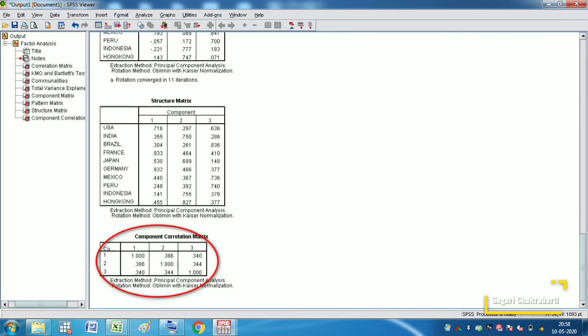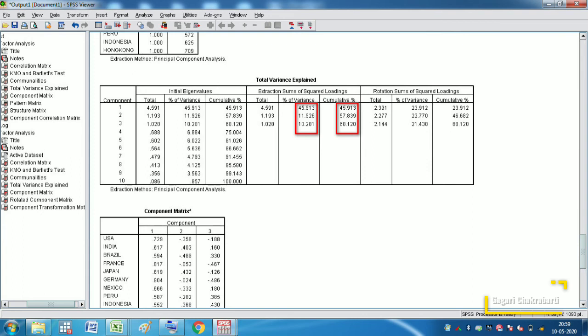We start with the direct Oblimin method, which assumes that the factors are correlated among themselves, but from the correlation matrix we find that they are not so correlated, so we go back to the Varimax method. On the basis of the eigenvalue, we get three factors. Now they explain 68% of the total variability.